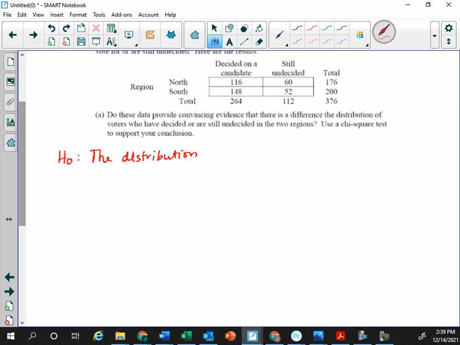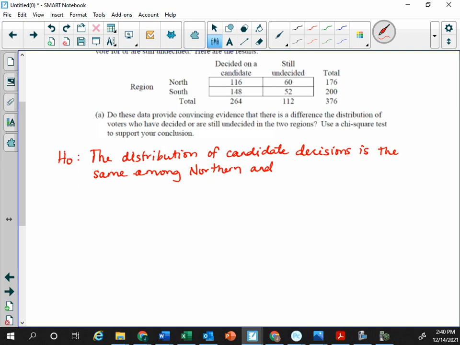So the distribution of candidate decisions is the same among northern and southern voters.